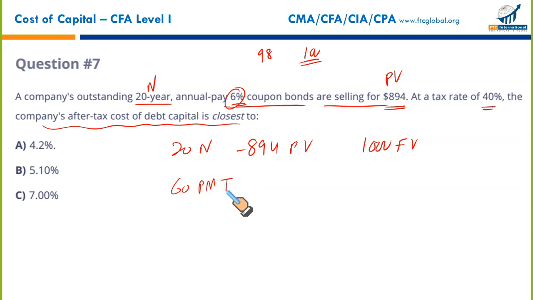So what you will do is use your financial calculator, enter the period, the current market price, the face value of the bond, and the payments, and you will simply compute your interest or yield, and that should give you the result.